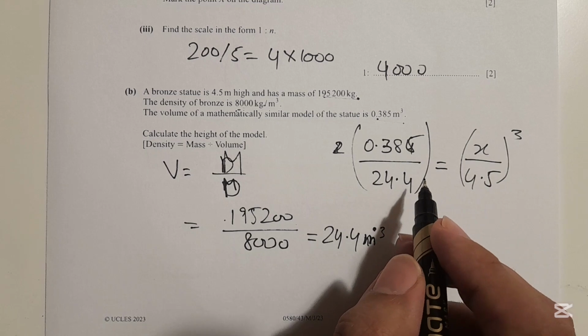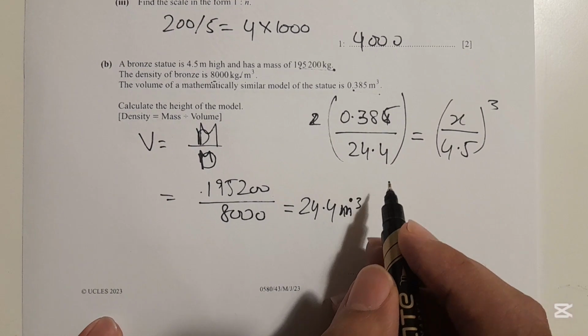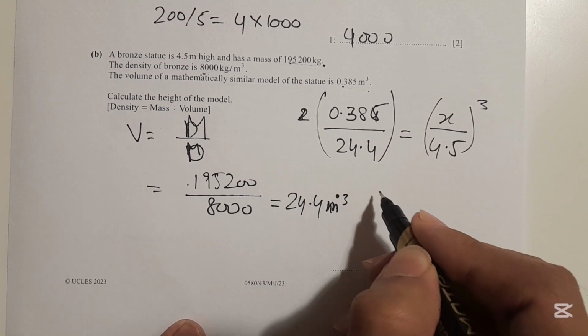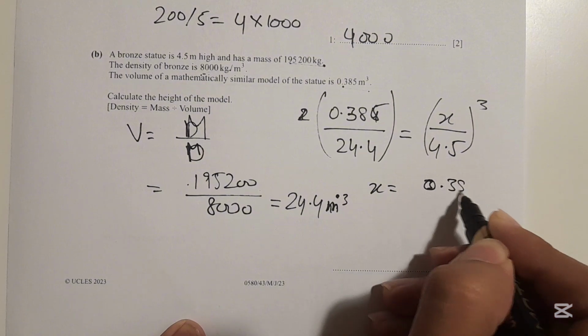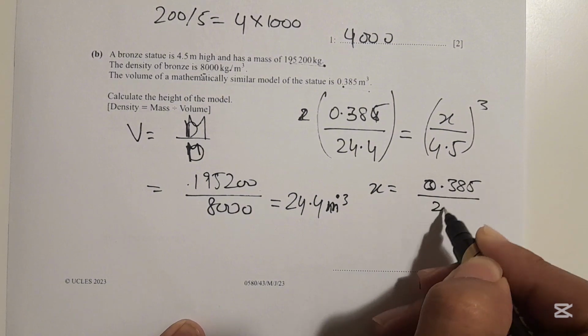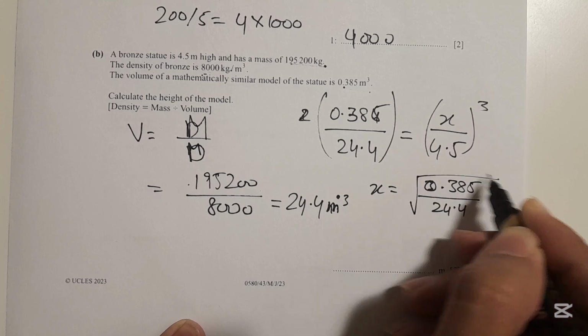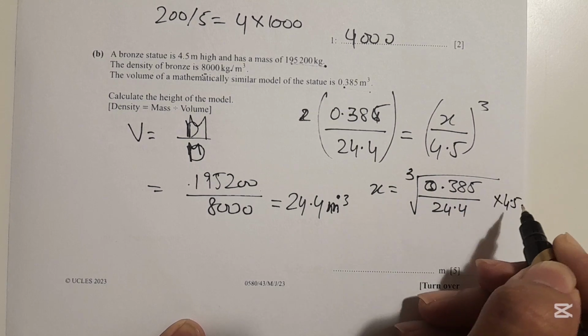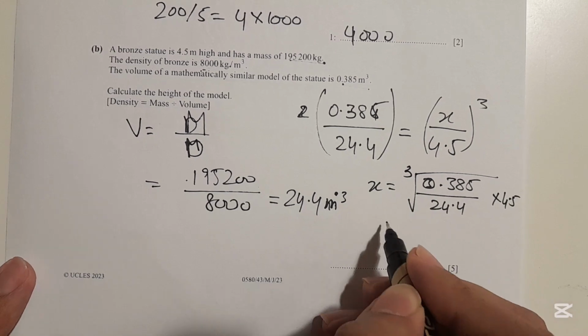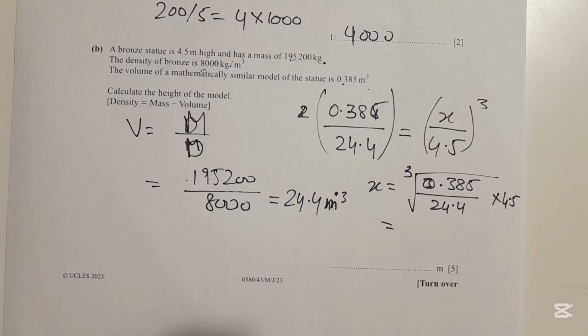So we rearrange this and write x is equal to the cube root of 0.385 divided by 24.4, multiplied by 4.5.